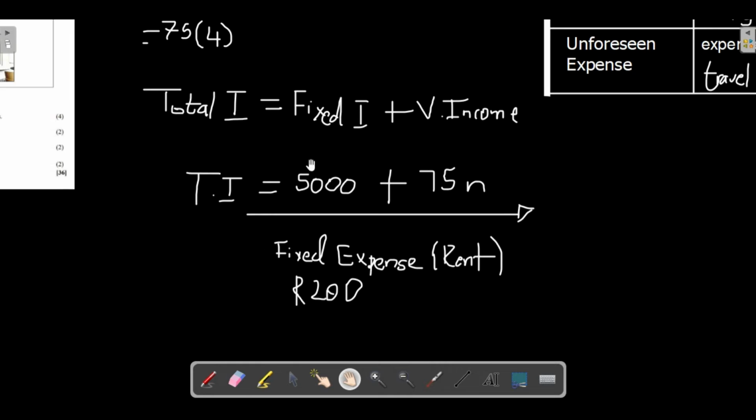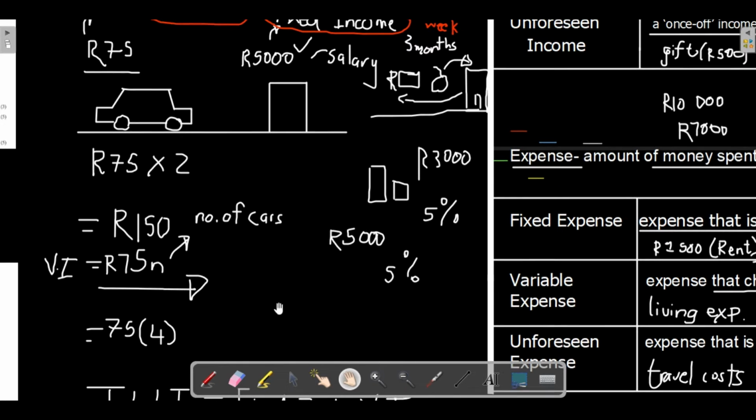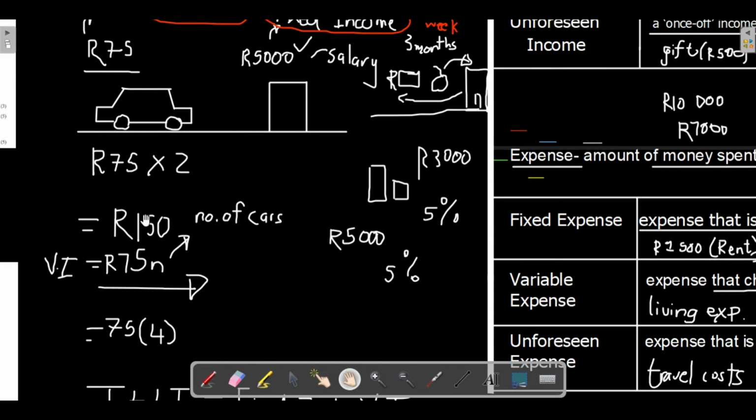Now let's talk about the variable expense. What would be a variable expense in this car washing business of yours? So you are going to need soap, you are going to need sponges, you are going to need a polish. So let's say for one car, you try to break that down and ask yourself, how much soap do I use?